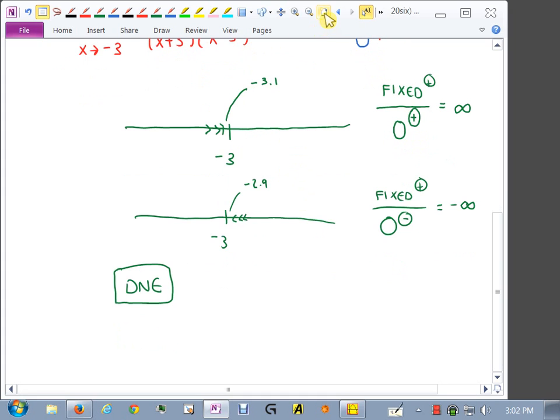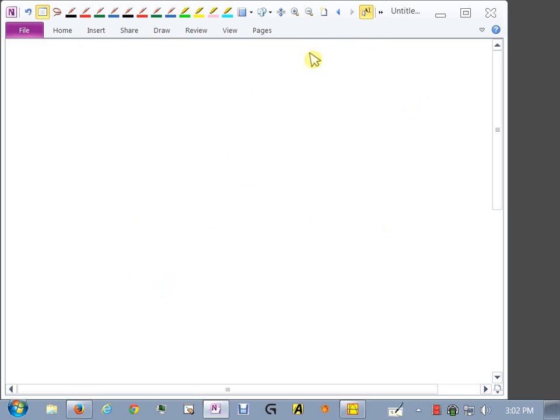All right, part C. What's the limit as x goes to infinity of the function? So I'm going to rewrite it in the original form. Why am I writing it in the original form and not the factored form?